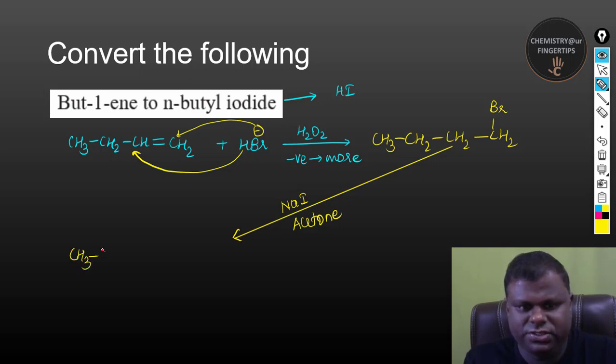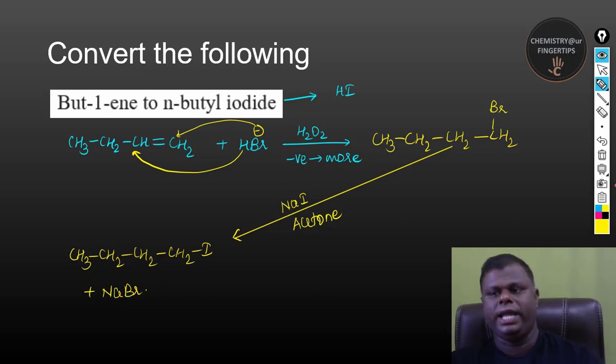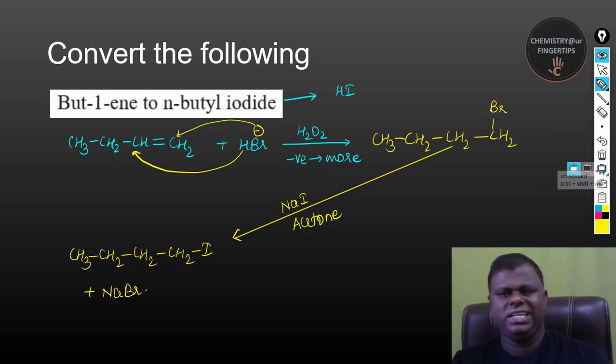So you get CH3, CH2, CH2, and then CH2I, and you have NaBr, right? So this is n-butyl iodide. Very easy technique to do this.